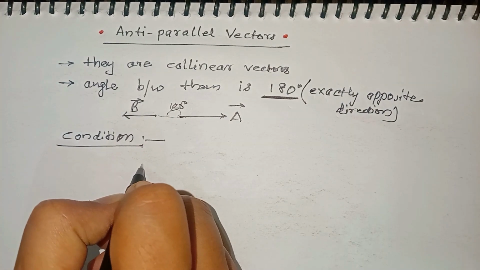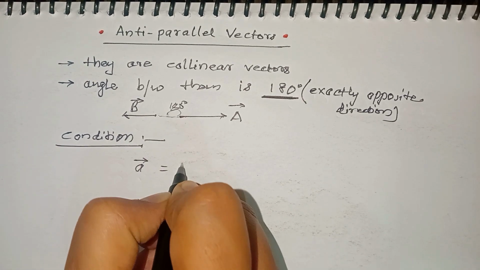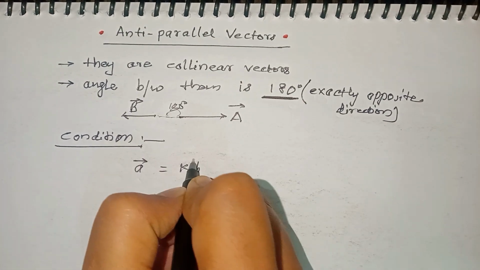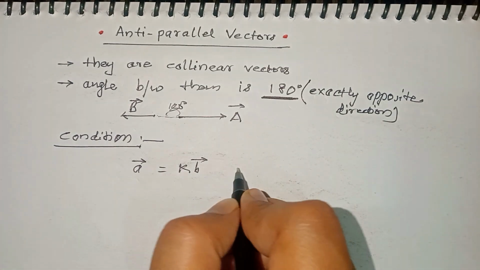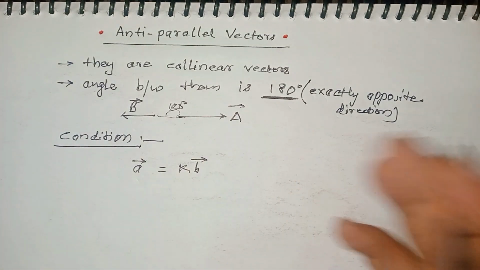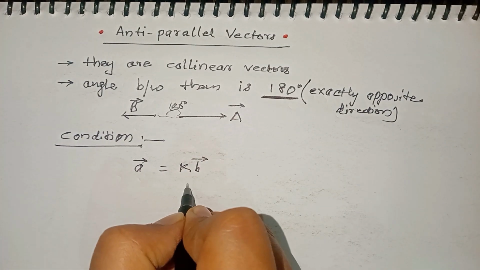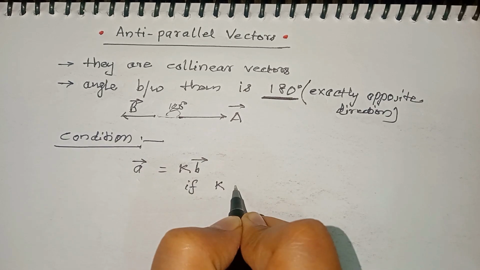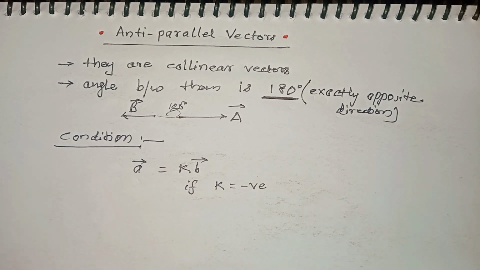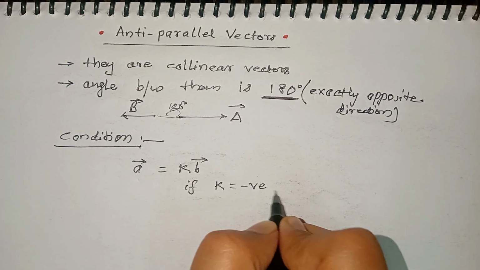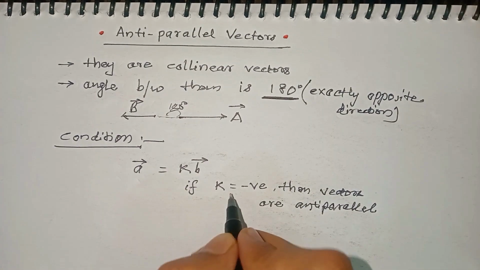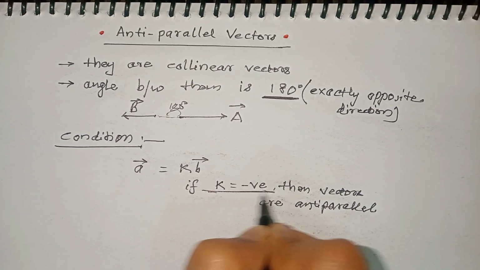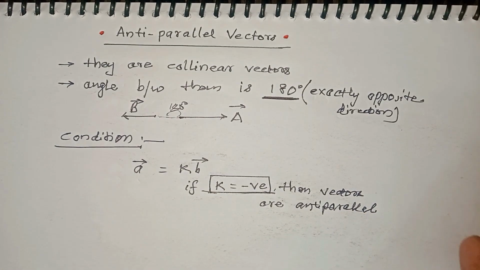In parallel vectors we have already seen that vector A should be a constant multiple, that is, a scalar multiple, of vector B. Let me explain first. If the value of k is negative, it means what? Then the vectors are anti-parallel.